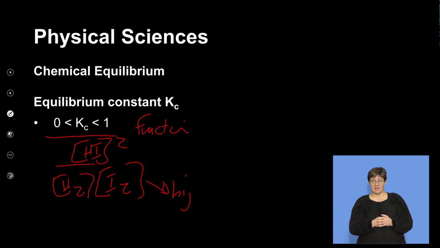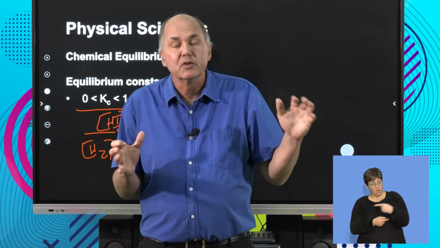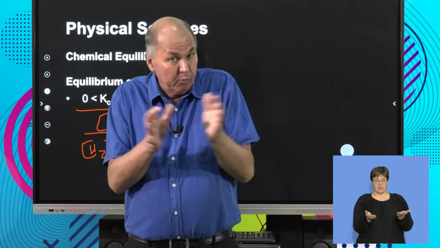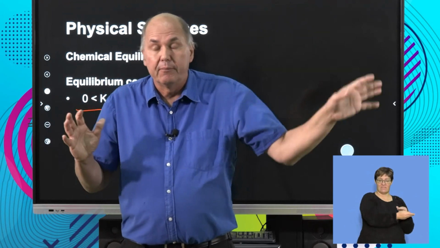When that's the case, we've got a fraction, and that's telling us we've got more reactants. The position of the equilibrium is favoring the reactants. It means initially the forward reaction wasn't so fast. And they've come into equilibrium where the rates are equal now, but there are more reactants than products.